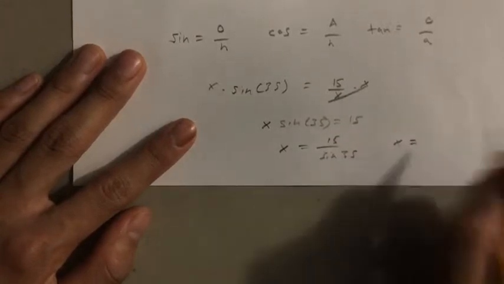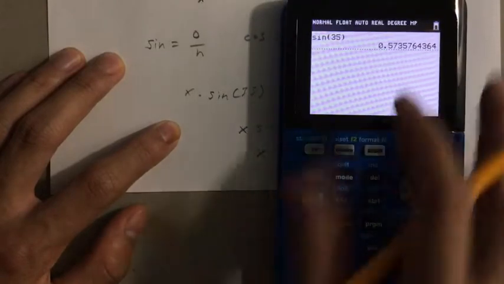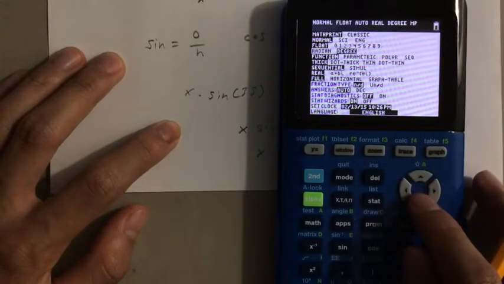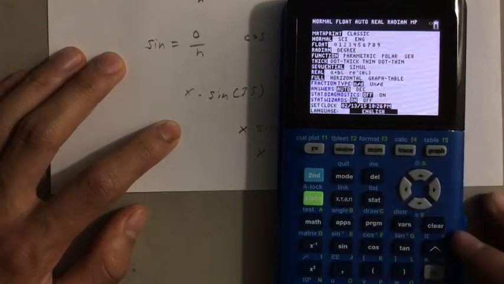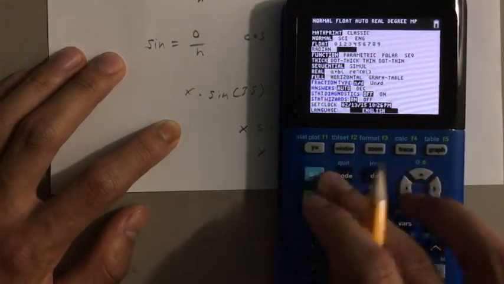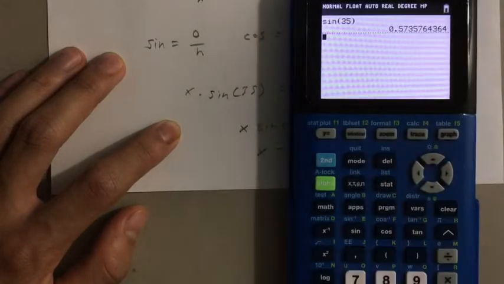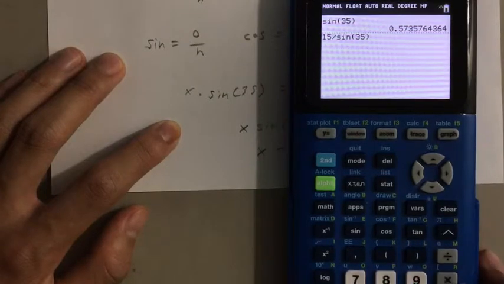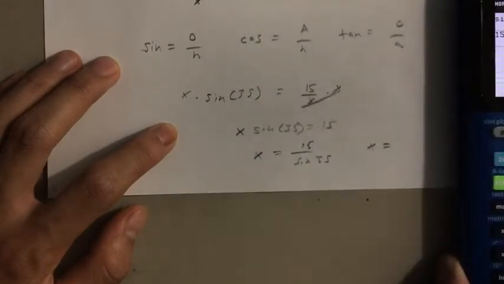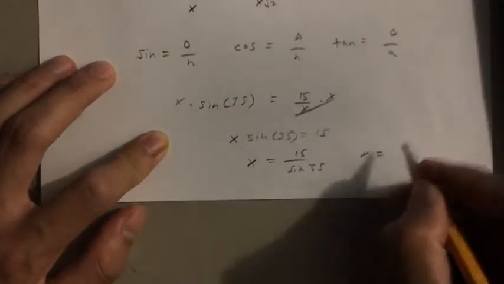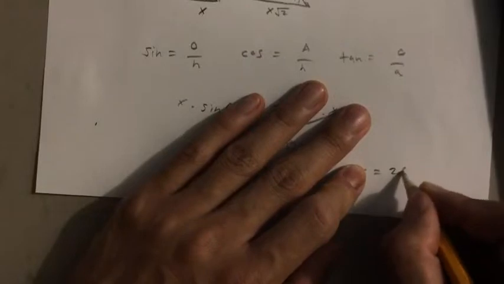So x equals, get out your calculator, make sure it's in degree mode. You can change that by typing the mode button and changing it to degree. So 15 divided by sine 35 equals 26.15170193. So I'm going to round to 3 significant figures.